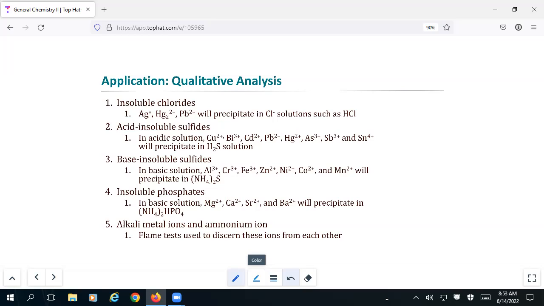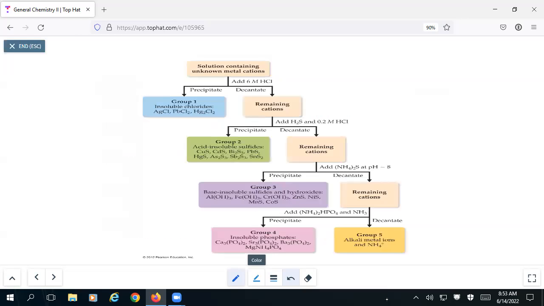And then your alkali metal ions have specific flame tests to tell them apart. And this hopefully looks a little bit familiar as well. If you've been reading through your lab archives, we've been giving you flow charts similar to these each step of the way.